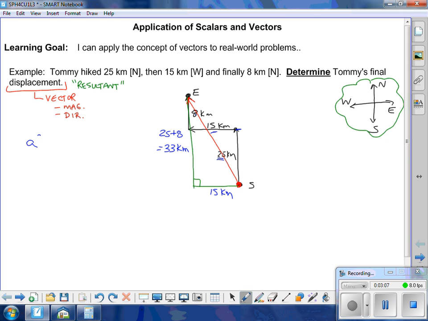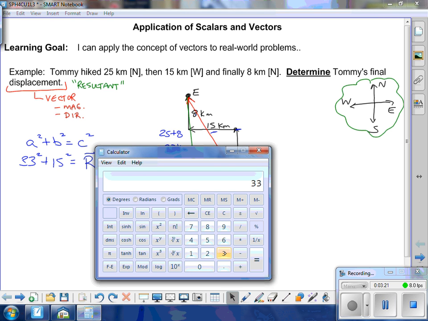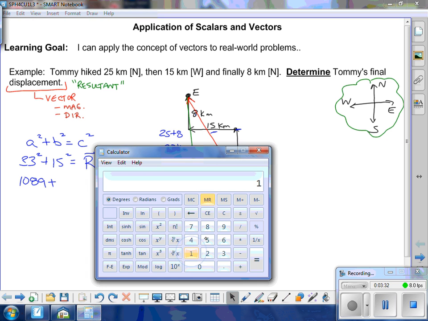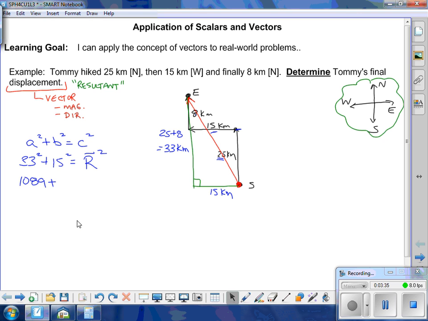So a squared plus b squared equals c squared. 33 squared plus 15 squared is my resultant squared. Using my calculator, 33 squared is 1089 plus 15 squared, which should be 225, equals r squared.